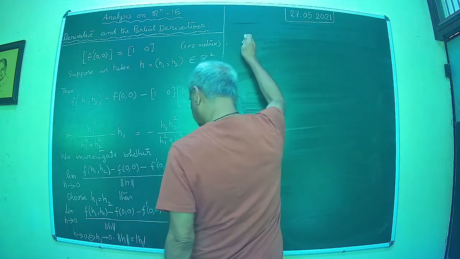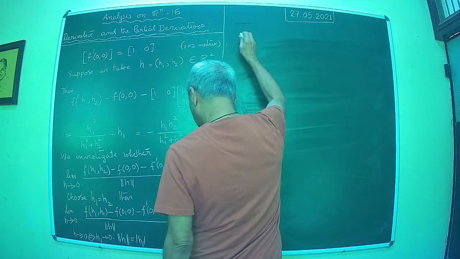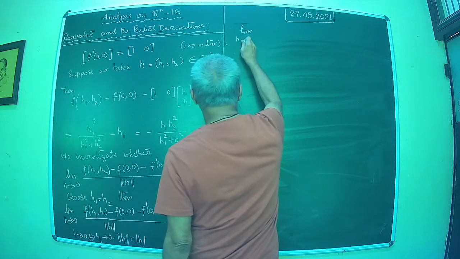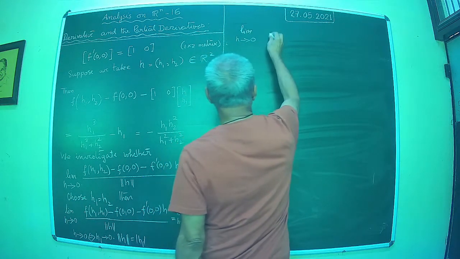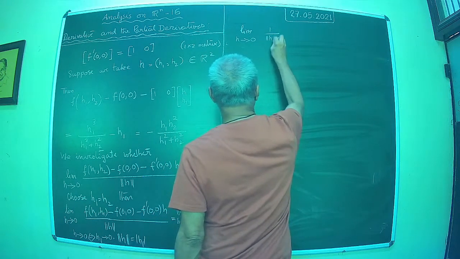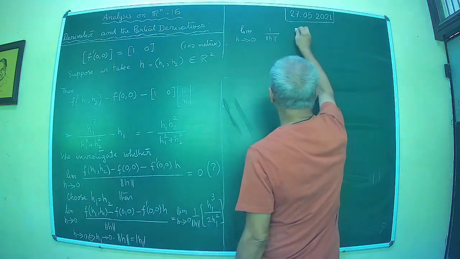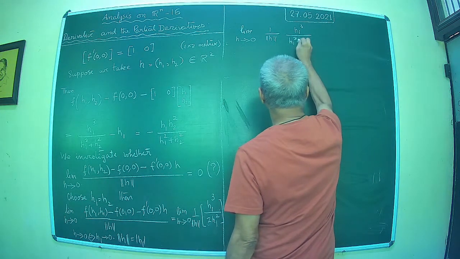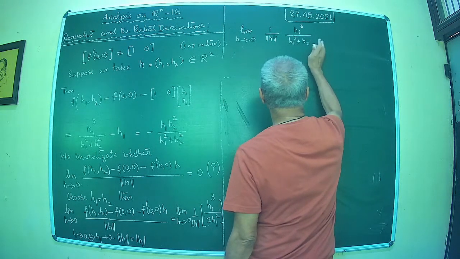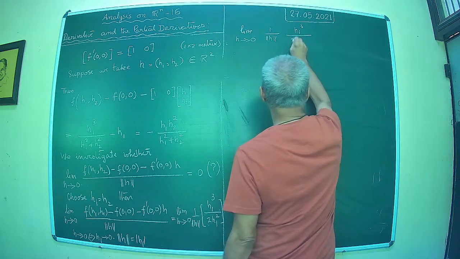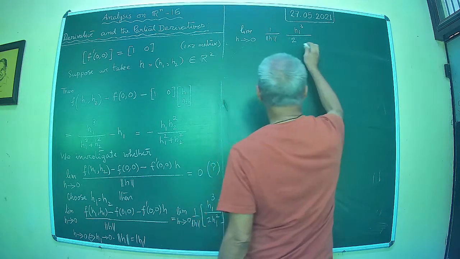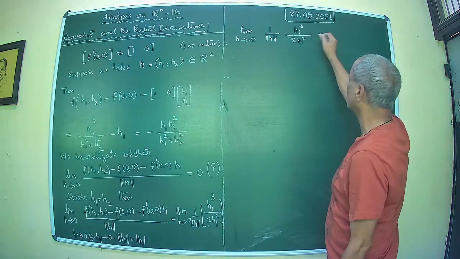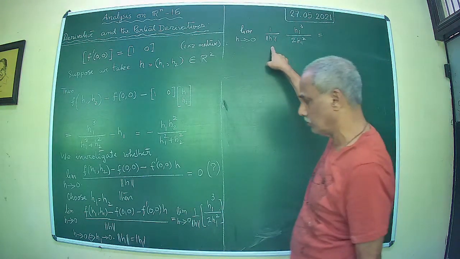Therefore limit H tends to 0 of 1 upon norm H into this, is equal to, norm H is equal to mod H1.